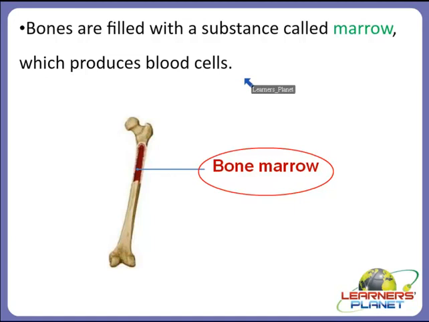Now there is one more thing. We know that calcium is very much important for our body. You might have noticed why your mother always emphasizes drinking milk. Why does she emphasize drinking milk more and more? Because it contains a high amount of calcium, and calcium is very much essential for strong and healthy bones.